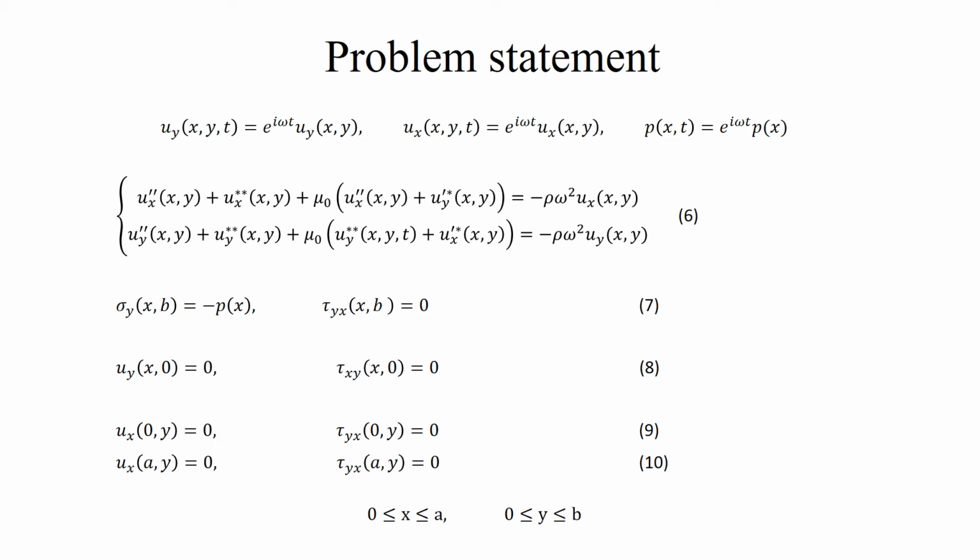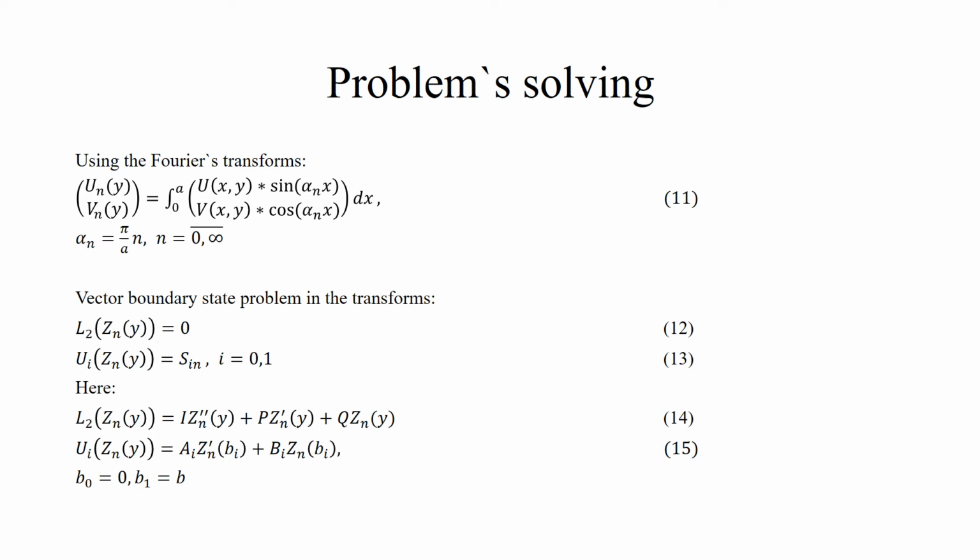Here we consider the case of harmonic vibrations for the variable t. So the original statement of the problem is derived in the following form. To solve it, I have applied the Fourier transforms, which help to rewrite our stated problem in the one-dimensional field. Here is presented the detailed representation of how I have applied this method. It is equation 11.